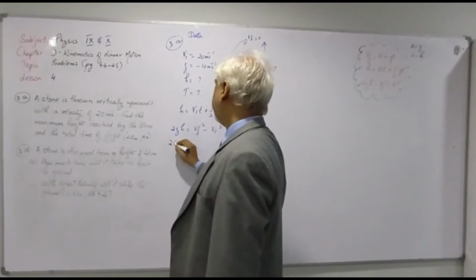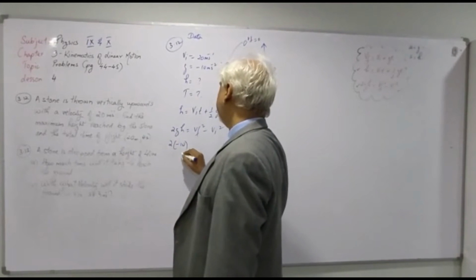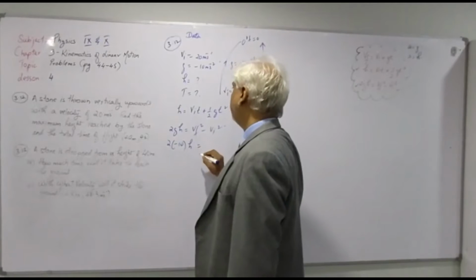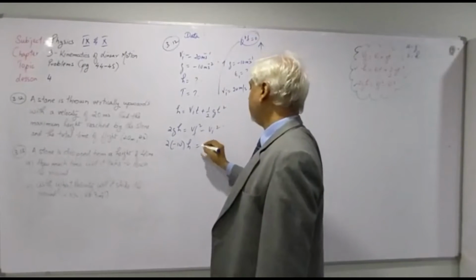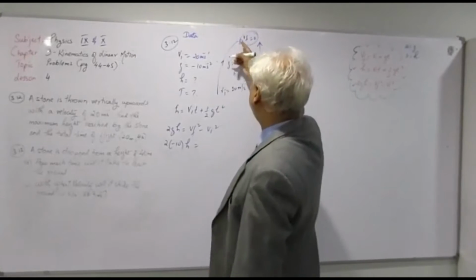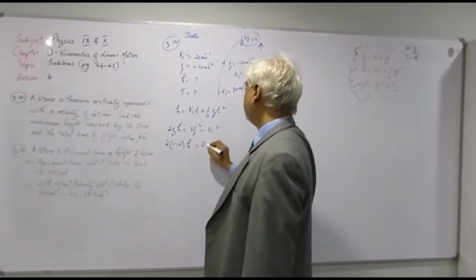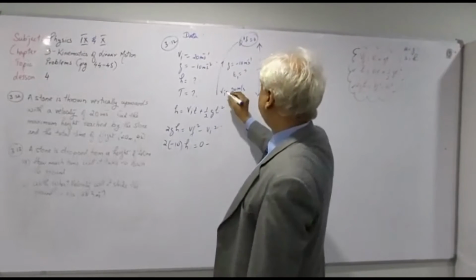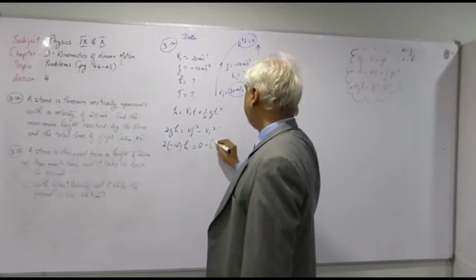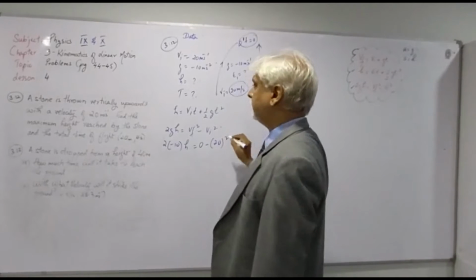So 2 times g, which is minus 10 meter per second squared, times h, the height we need to know. The final velocity, when it reaches the maximum height, is 0. So it stops there at that moment before coming down. Initial velocity was 20 meter per second, the velocity at which the stone was thrown.